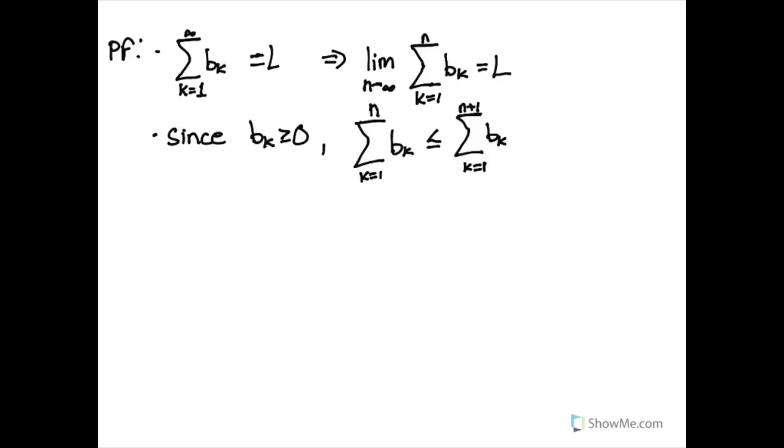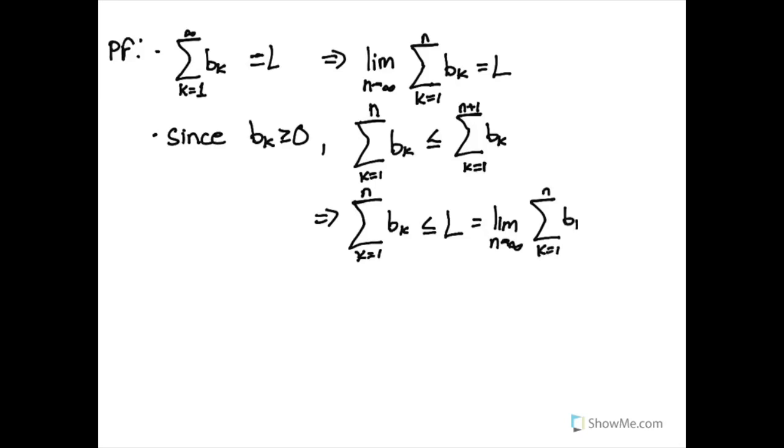And of course, if it's an increasing sequence, then each term in the sequence must be less than its limit. So this implies that the partial sum for any n is less than or equal to the limit L, which is of course equal to the limit as n goes to infinity of the partial sums.